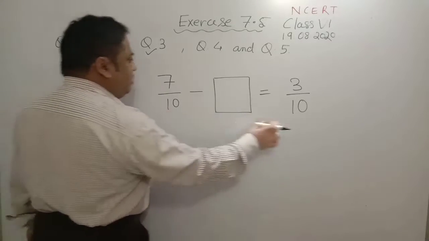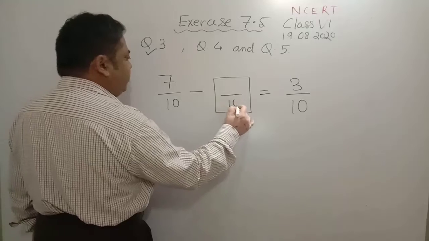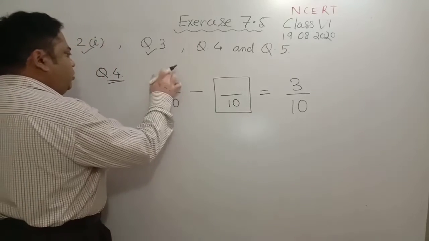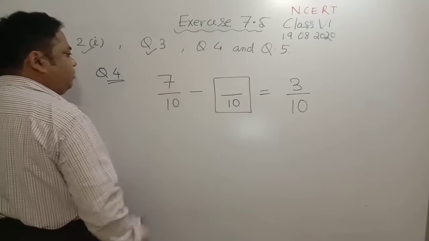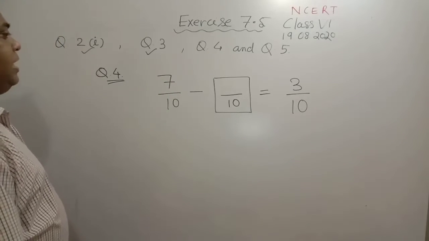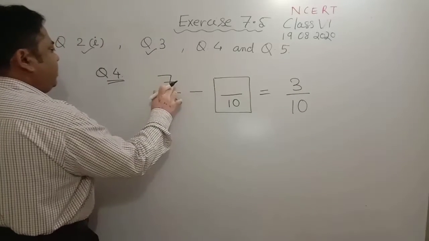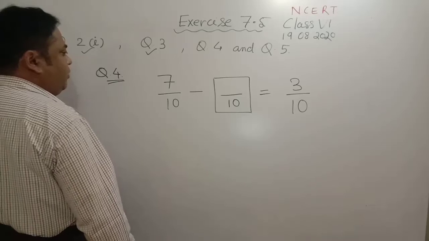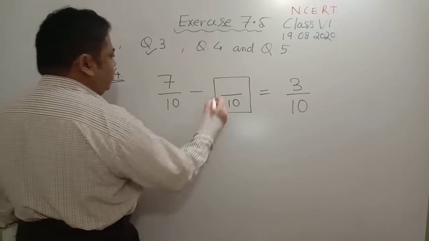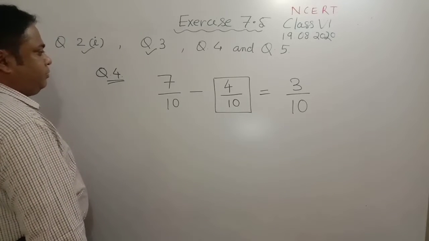Denominator is the same, so here we can write the same denominator. What should I subtract from 7 to get 3? How will we find out? We will write 4.